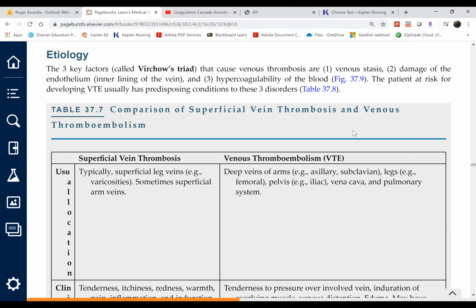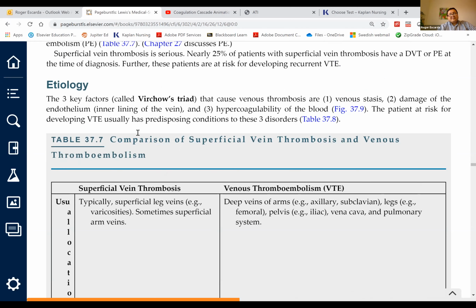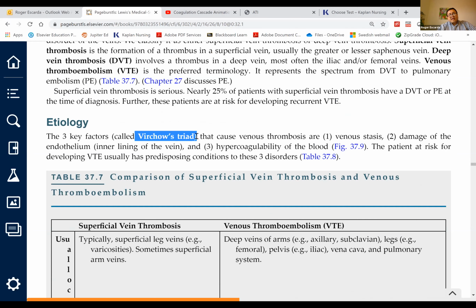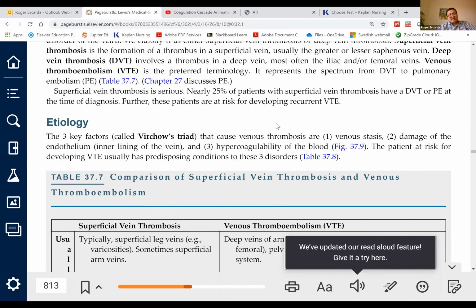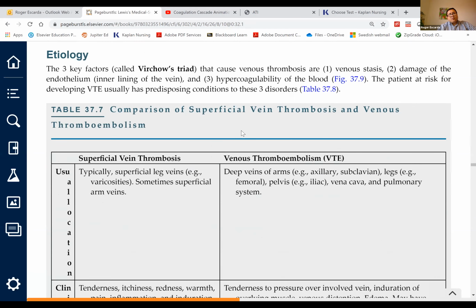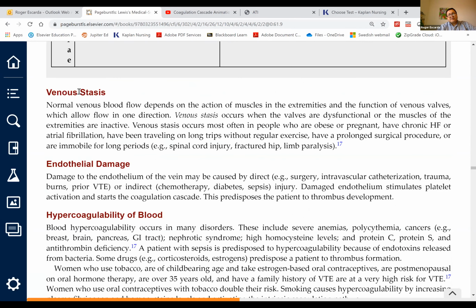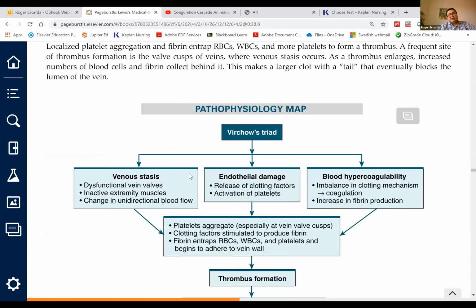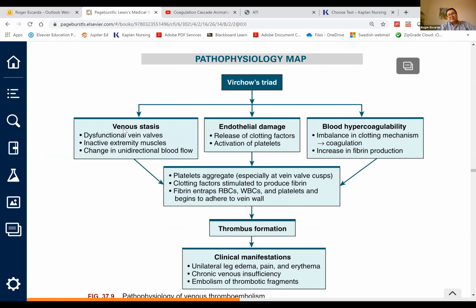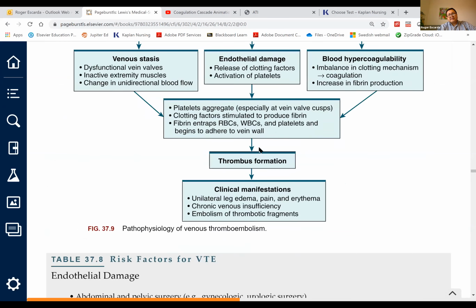We call the three factors the Virchow's Triad. And Virchow's Triad is mentioned several times in this chapter. One is right here: the triad, which is venous stasis, endothelial damage, and hypercoagulability. Under the pathophysiology, it mentions again venous stasis, endothelial damage, and hypercoagulability.